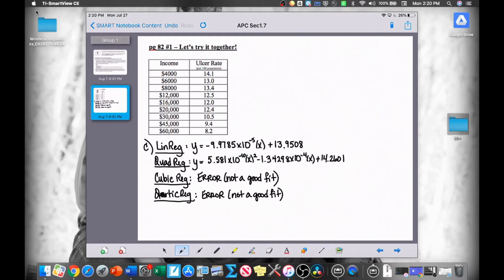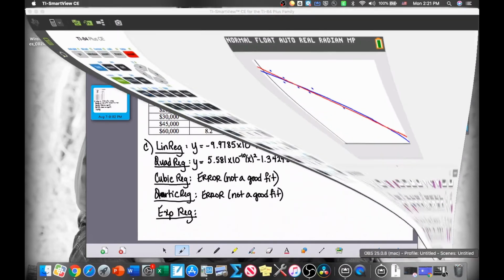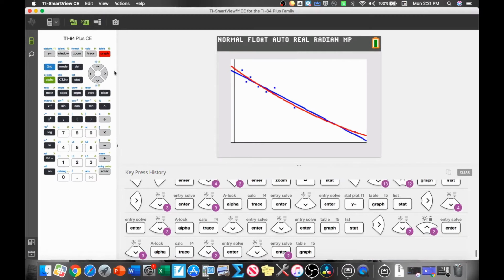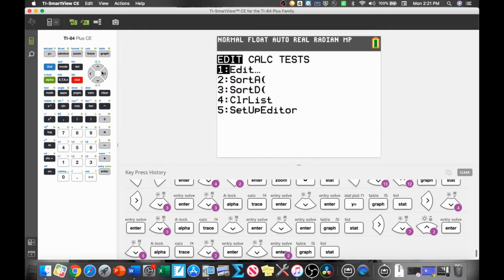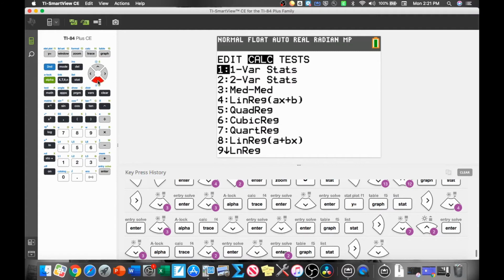Okay, so they're not even going to give you a model. But the one that we haven't looked at that we talked about that might work is exponential regression. So let's take a look at exponential regression before we make our choice on which one we like the best. So we'll do one more model here. Stat, arrow over to calculate, exponentials down here.